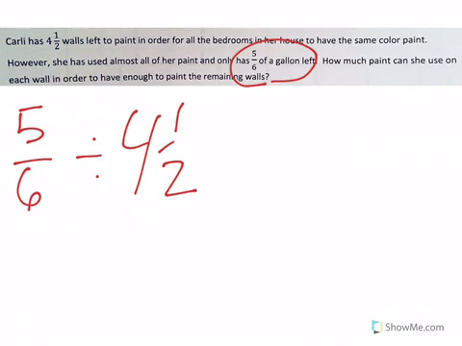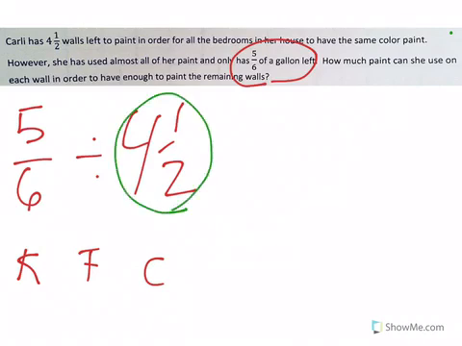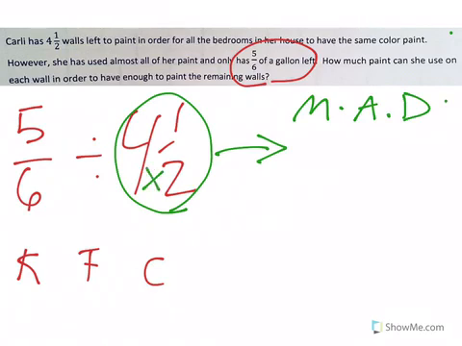Normally you might be thinking, can we do our keep, change, flip? We can, but there's another step in between. We have to convert 4.5 into an improper fraction. Think about it like this: we multiply the denominator by the whole number, we add the numerator, and then the denominator stays the same.